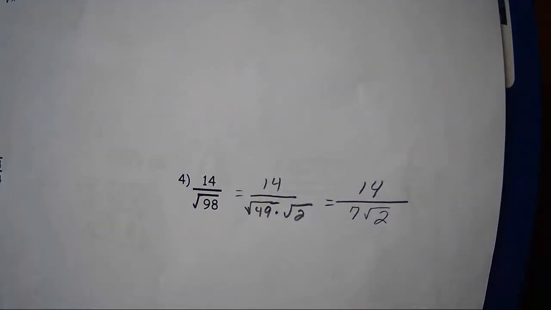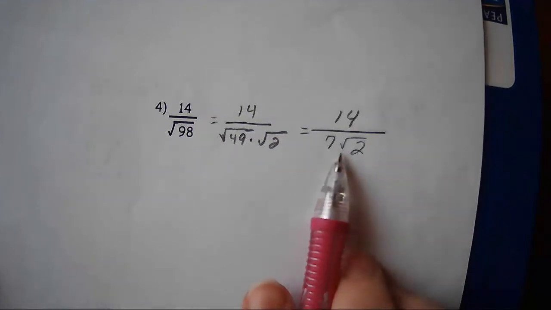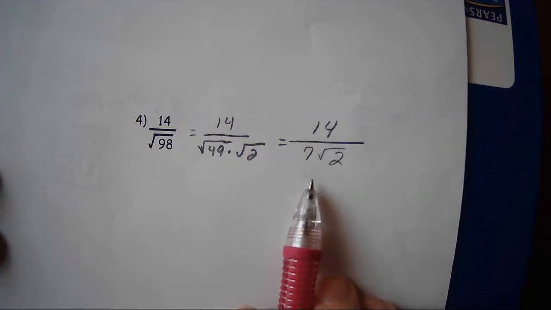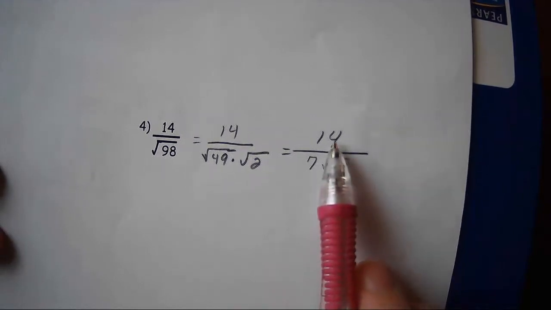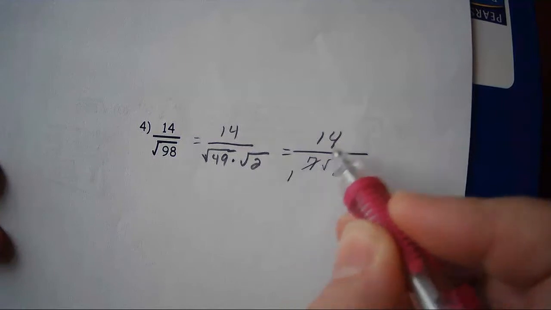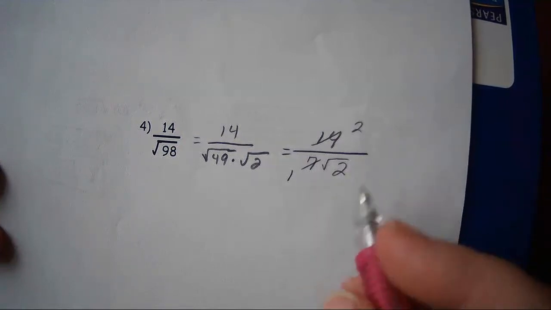Oh, okay, so now we're getting somewhere. That's a little bit easier to deal with. So let's go back and see. Can we simplify any further? Remember, we can do whole number to whole number, can't we? Oh, so I can simplify 14 over 7, right? So 7 goes into 7 once, goes into 14 twice.